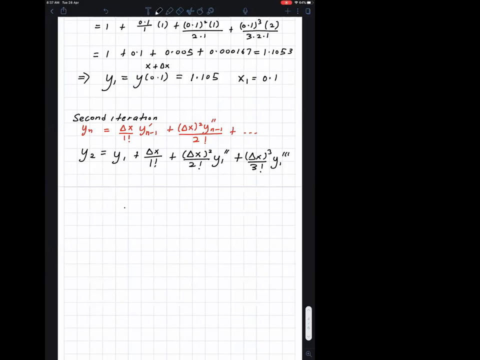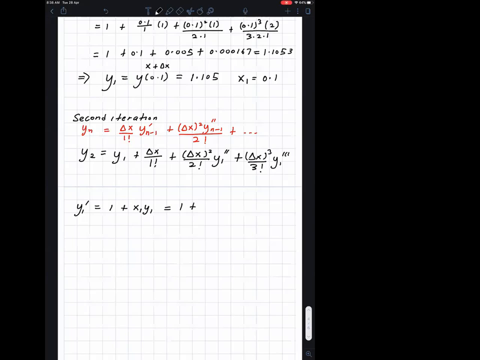So let's evaluate what y1 prime is. The equation is the same as before. You don't have to differentiate again, you already did this before. You just change the subscript. It is equal to 1 plus x1 y1.